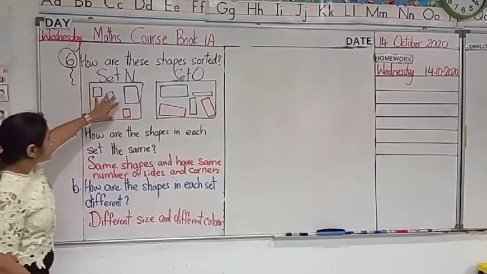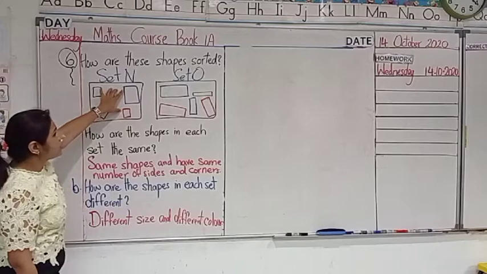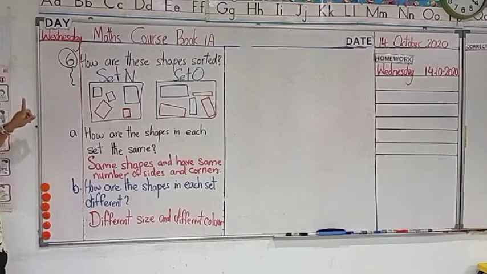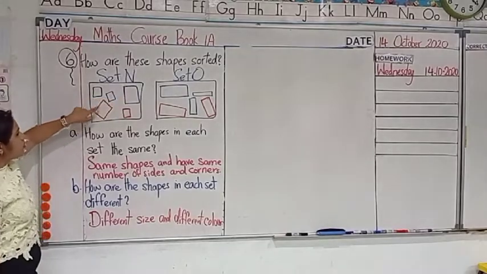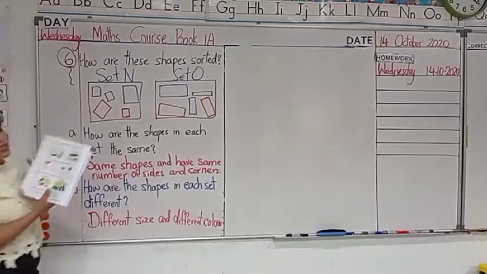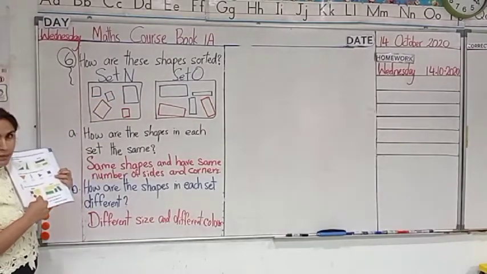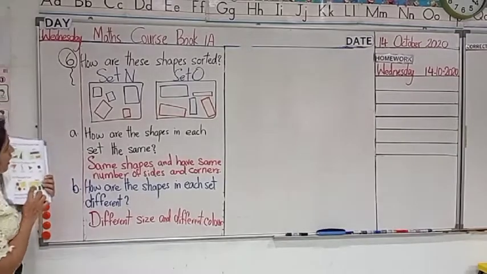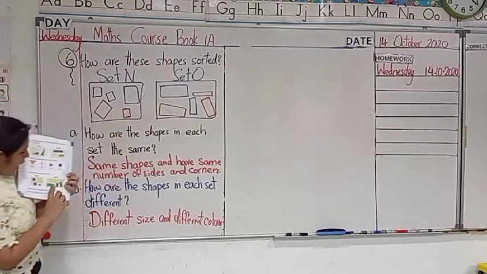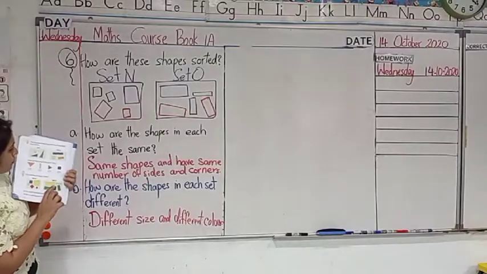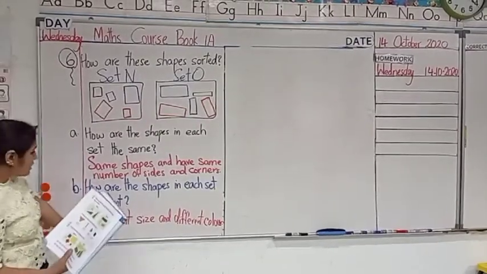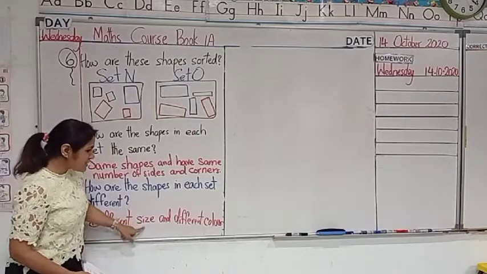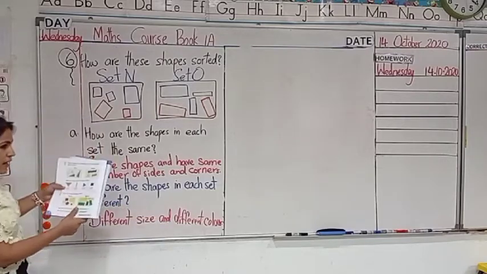Then the next question is, how are the shapes in each set different? What is the difference between the shapes in each set? First is about their size. Some are big, some are small, and some are medium, as you can look into your book while I'm explaining. And in set O, you have some big ones, short, broad, narrow, with different sizes and different colors.